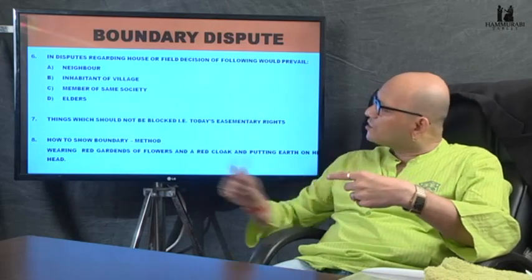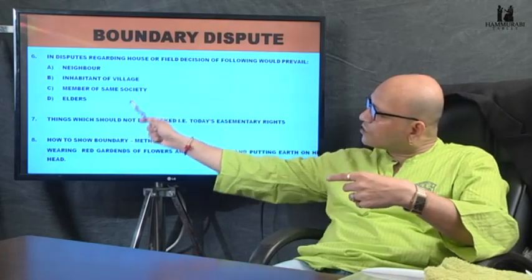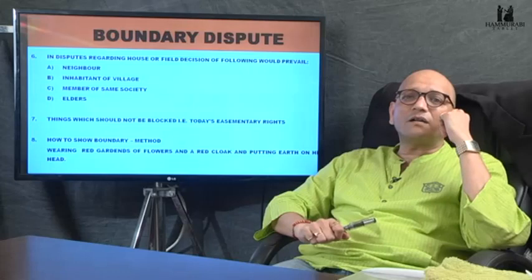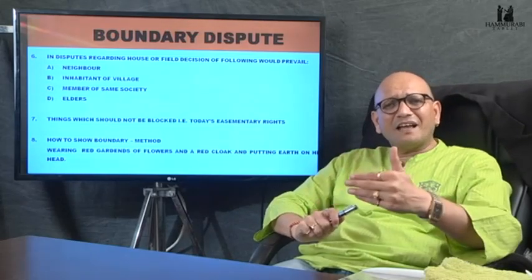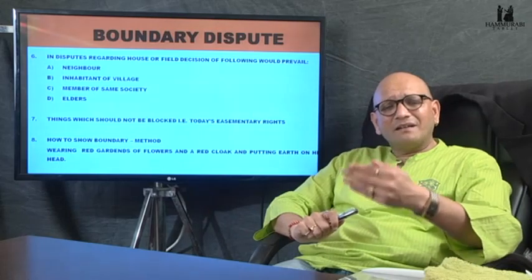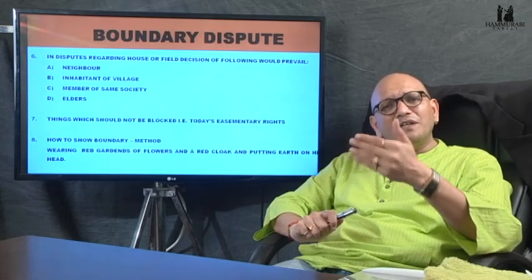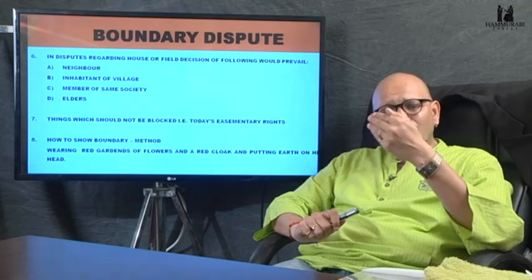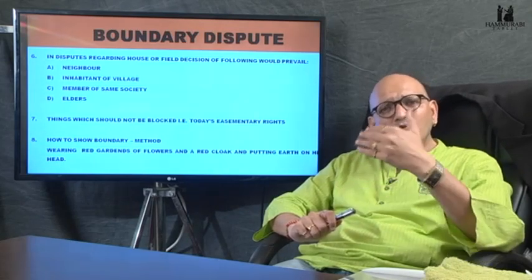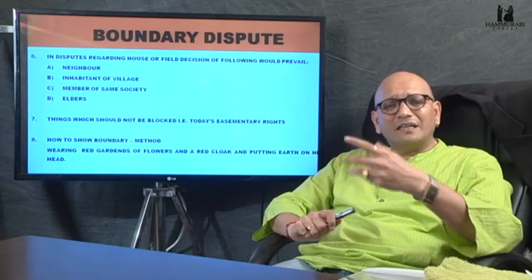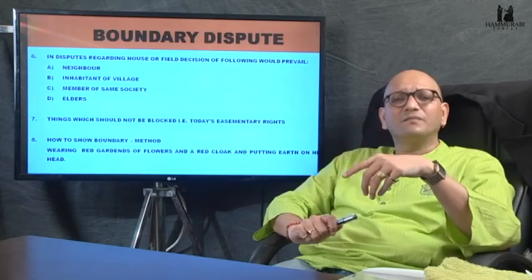When we speak of these 4 aspects, or people who are good for knowing the boundary, we see that the people had tremendous interaction with each other, because all this information can be passed and known only when there is interaction between people.